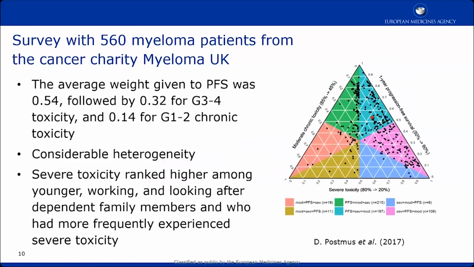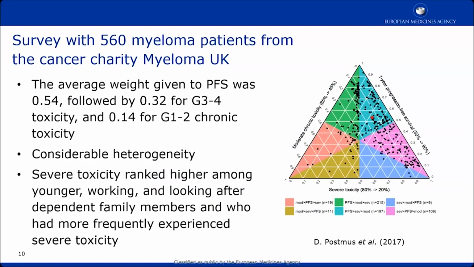Of course, often we want to know precisely what is the patient perspective. And if we ask the same thing to patients, how would they weigh things like progression-free survival, grade 3-4 toxicity, or chronic, let's say, moderate toxicity. Again, I'm not going to explain in detail this slide, but every dot here shows where one patient would put all the weight.